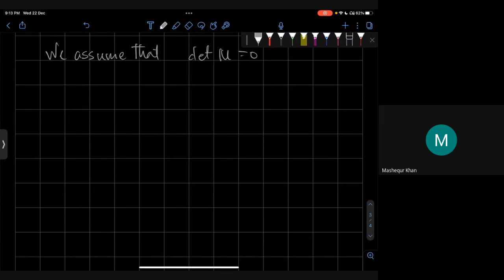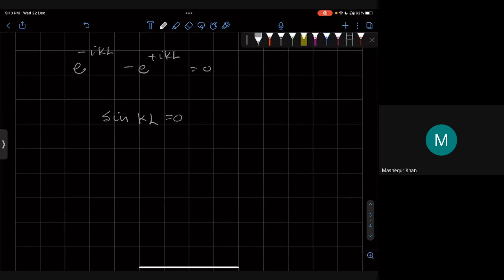We get e to the power minus i k L minus e to the power plus i k L, but this you realize is minus twice i times the sine function. So we write this as sine kL equals 0, and the solution to this is kL equals n pi, and n can be an integer at this point, right?